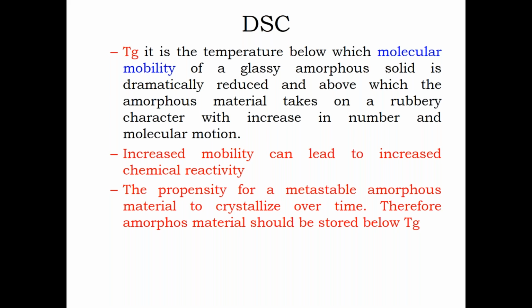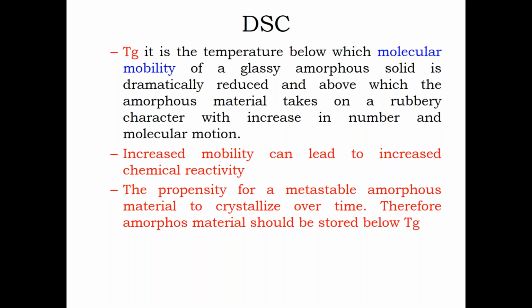So generally, amorphous material can change into crystalline form when you keep it for a longer period of time at a particular temperature. We need to understand this information because it helps me decide the storage temperature, at what temperature I can store this API or the drug and API mixture, whatever it might be.